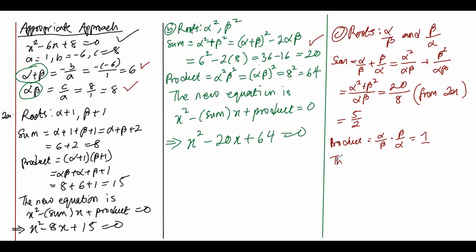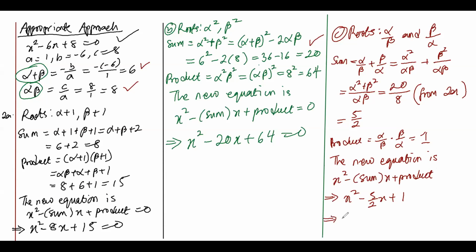So the new equation is x squared minus sum bracket x plus product, and that implies x squared minus 5 over 2x plus 1. Then I multiply by 2. Is everything okay?